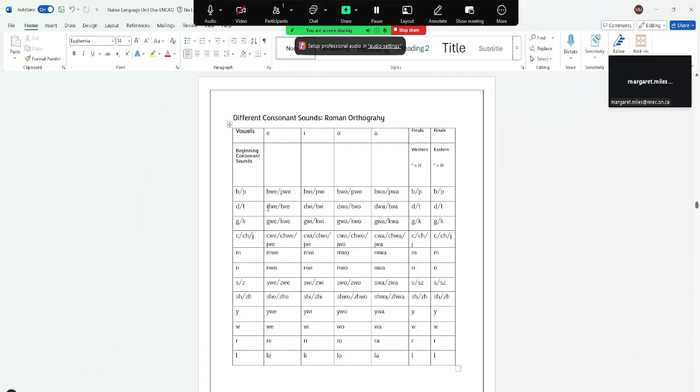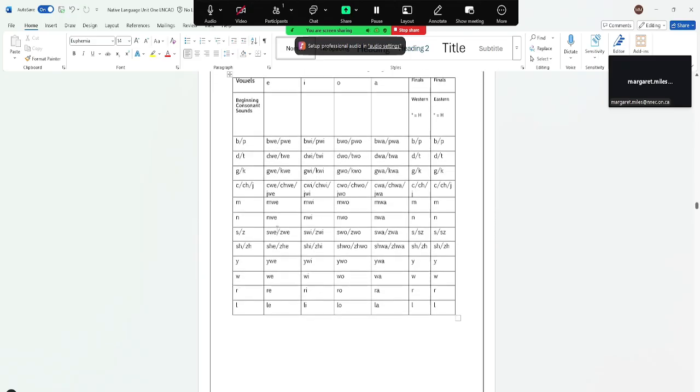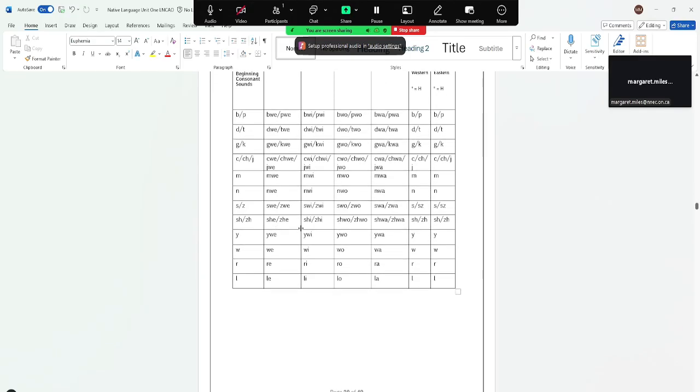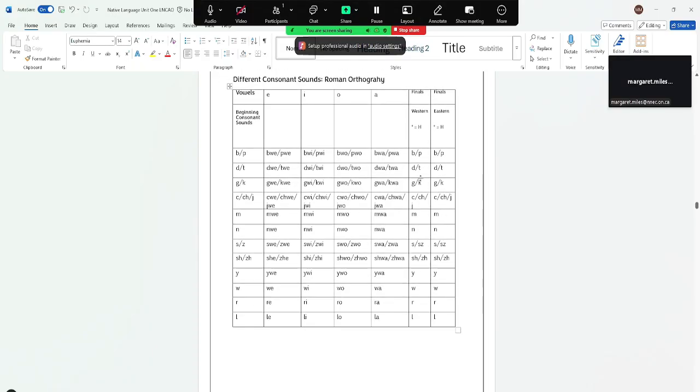In the second column, twe, twe, twe, twe. And it goes down all the way to the bottom again. Again, the Western, if you look at the chart, the Western is on the right hand.